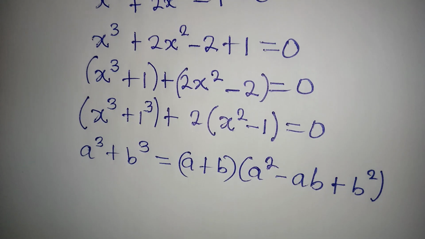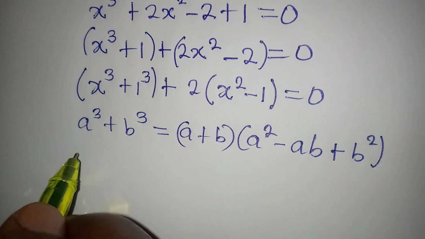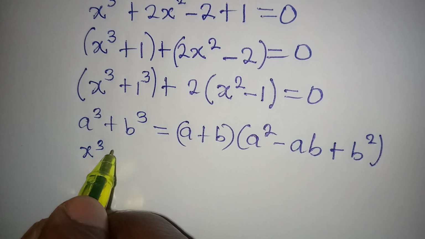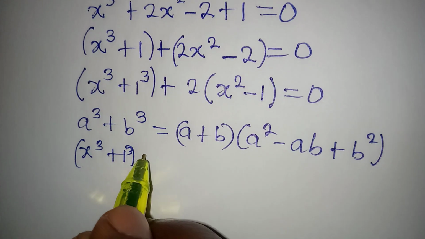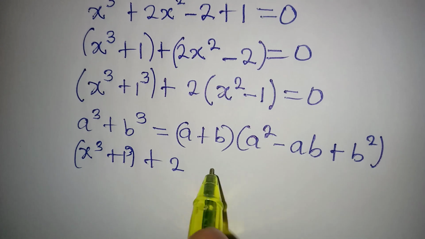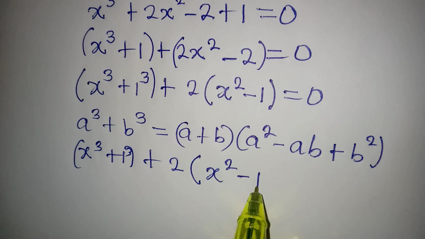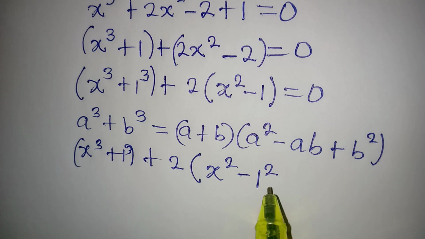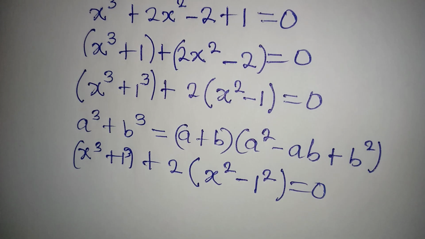So this is a standard we are going to apply. And then here, okay, let me take another step. x to the power of 3 plus 1 to the power of 3, then plus 2 into bracket x squared minus 1 squared, because 1 squared will still give us this one, right? So this is equal to 0.